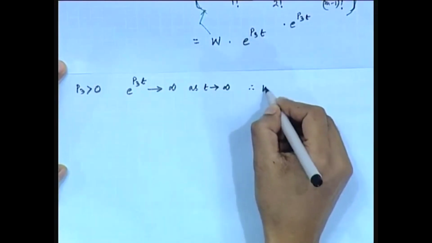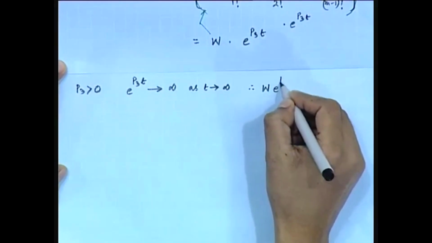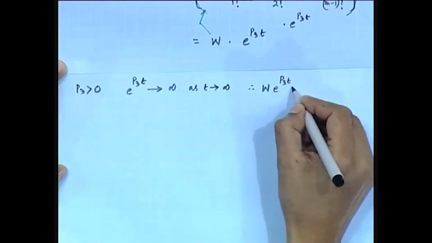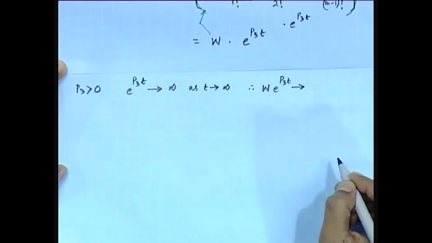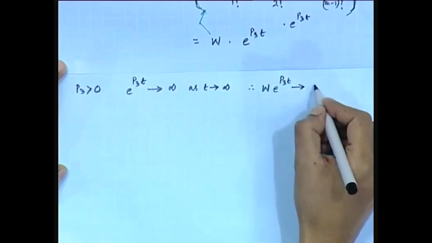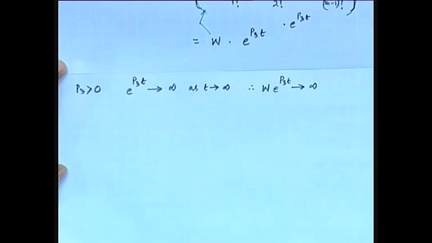So, what about W multiplied by e to the power P3 t? It tends to infinity. That means, again, an instability problem is there, because the system response is going to infinity.